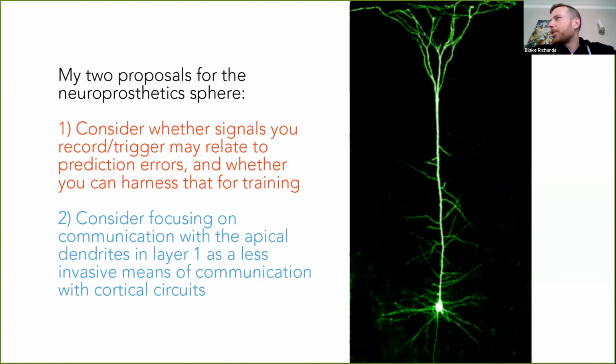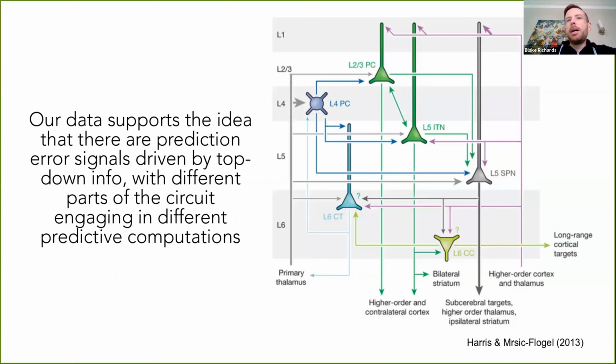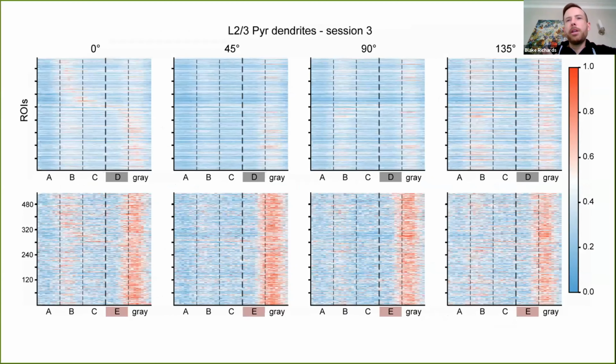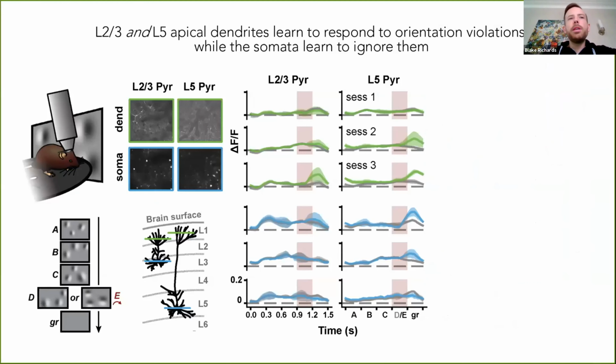Yep, that's a great question. I have a couple of answers to that. The first is that we designed the stimuli in such a way that we were trying to minimize that potential adaptation.